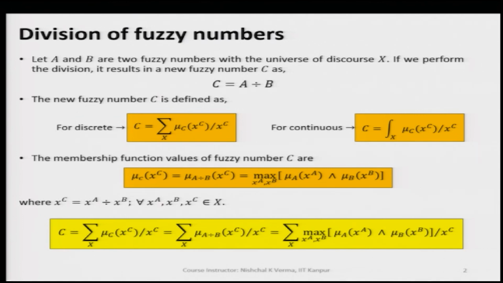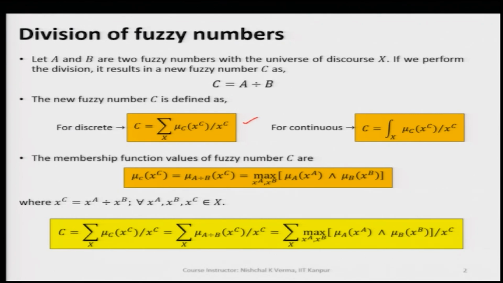If we have two fuzzy numbers A and B within the universe of discourse capital X, and we are supposed to divide the fuzzy number A by fuzzy number B, let us see what happens. This is expressed by this formula, which is for discrete fuzzy numbers.